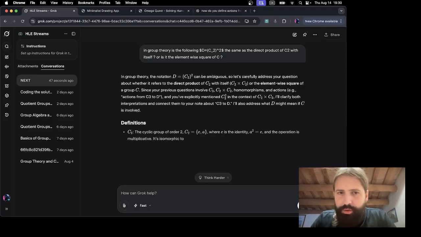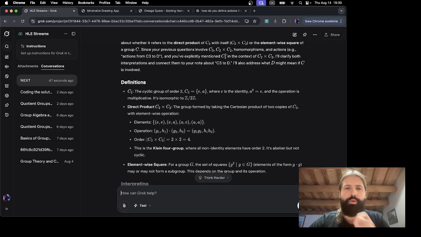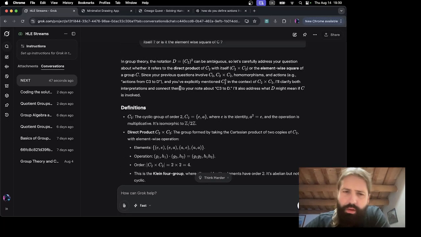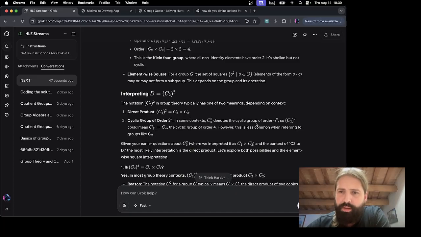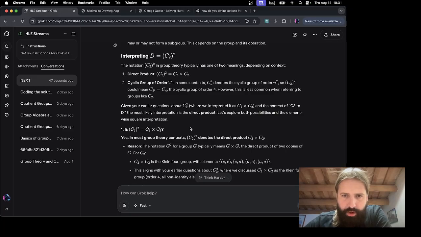So it is ambiguous, so let's carefully address whether it refers to the direct product or the element-wise square of group C. In group theory it typically has one of two meanings, depending on the context: direct product or cyclic group. In some contexts, Cn squared denotes the cyclic group of order n squared. So C2 squared could mean C4, the cyclic group of order 4. However, this is less common when referring to groups like C2. Given your earlier question, the most likely is a direct product again.